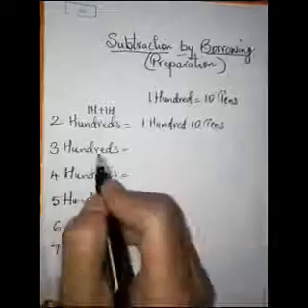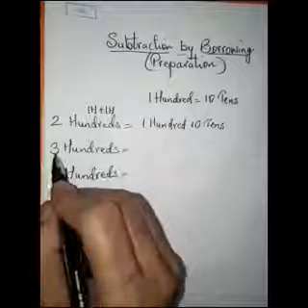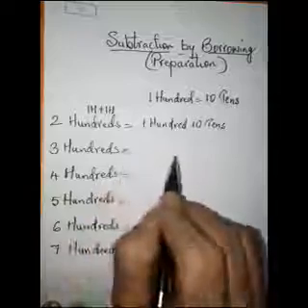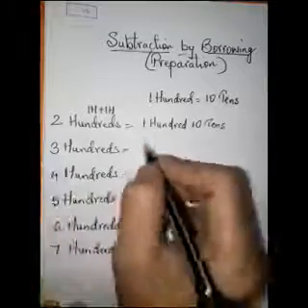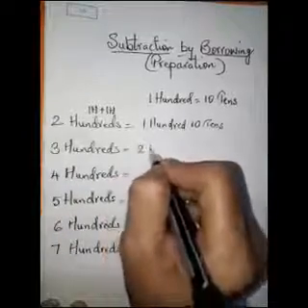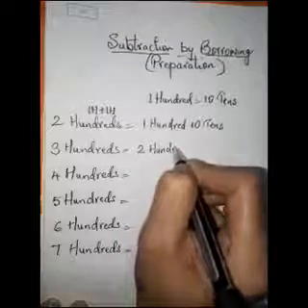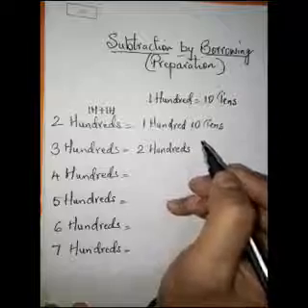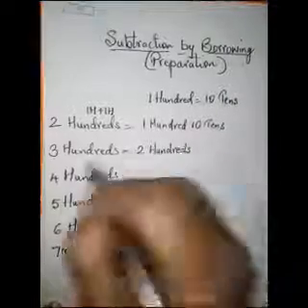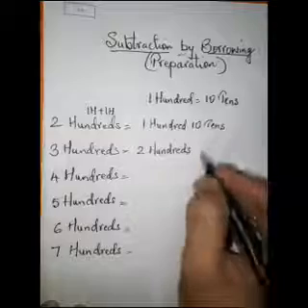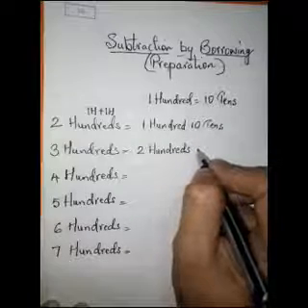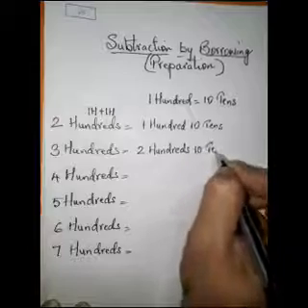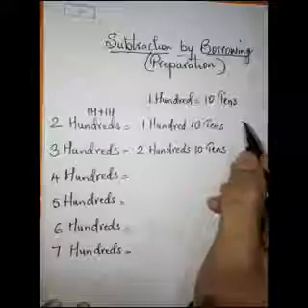Next we have 300s. From this 300s, let's remove 100. So we are left with 200s. 200 and 100 which we subtracted, we will convert it into tens. So that becomes 10 tens.